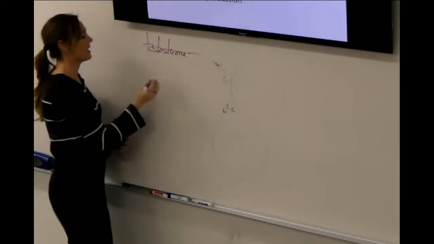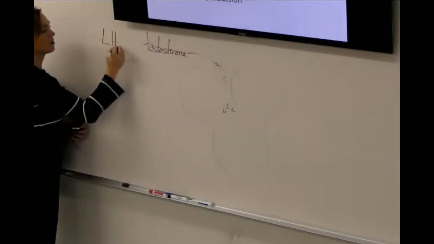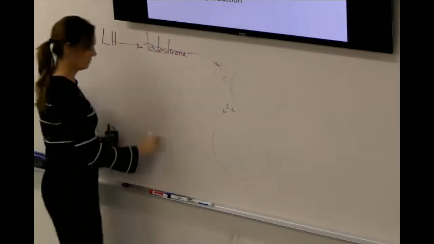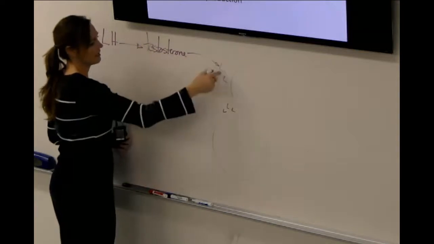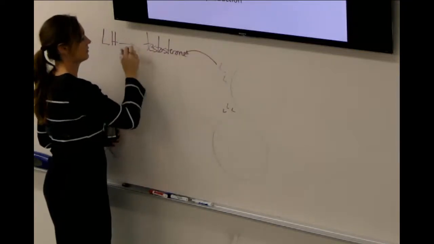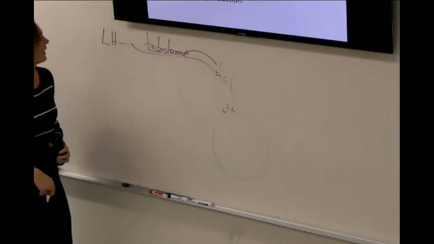How do we get testosterone? It's luteinizing hormone from the anterior pituitary that tells the Leydig cells, and it's the Leydig cells that are going to make testosterone. That's really how it goes there.